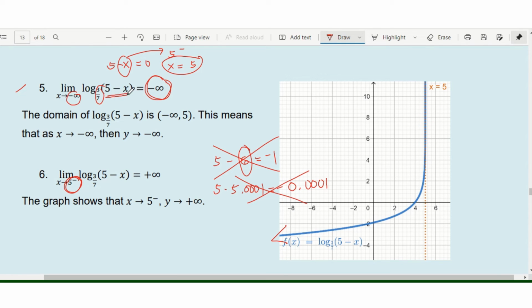Take note na ang sinasabi natin dito is 5 minus x. That will become always positive, no? Always positive when you keep on having values of x which are less than or negative values. Gagawin ng y niyan, y will keep on decreasing.